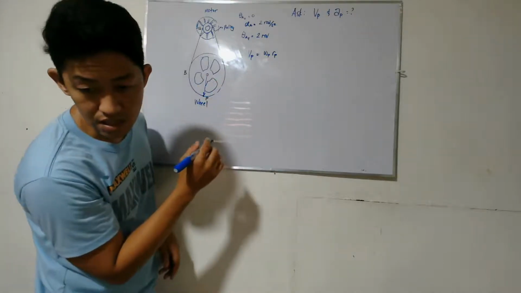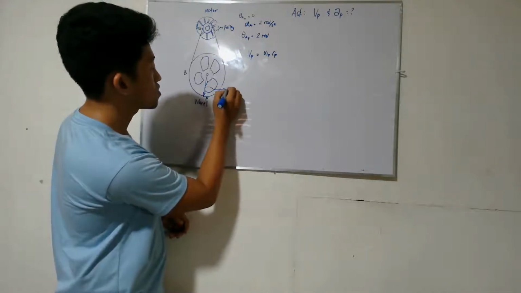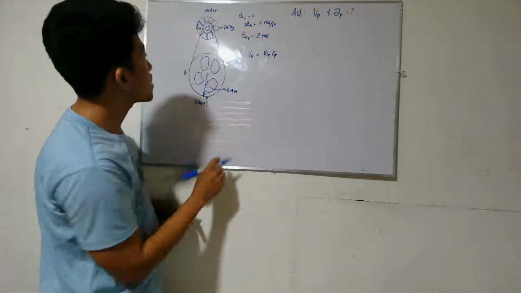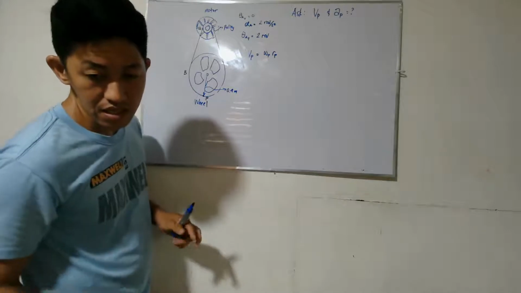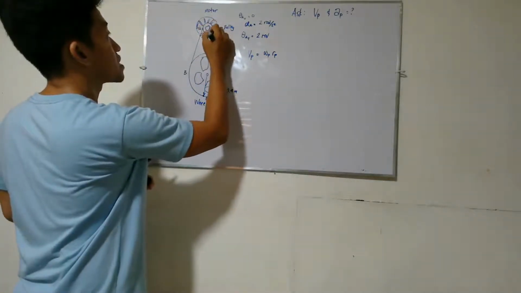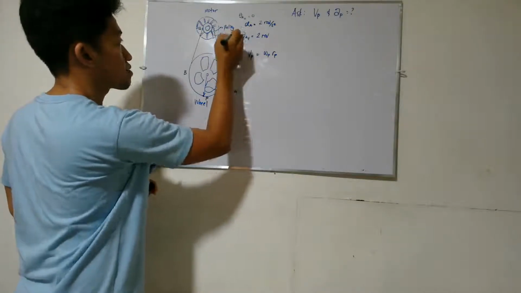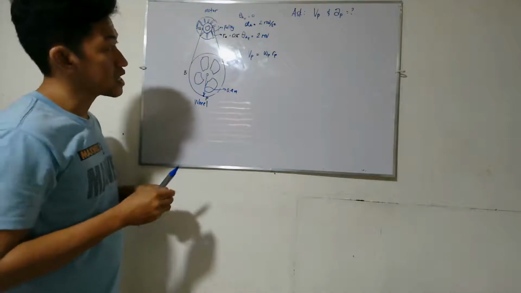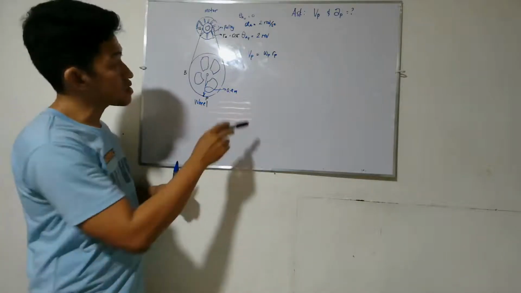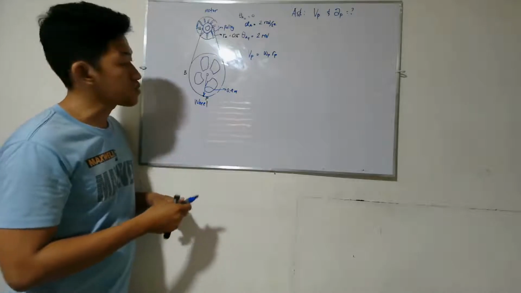So ang radius ani is 0.4 meter while ang pulley is 0.15 meters. Okay, so in order to find the velocity, we need to find the angular velocity of point P.